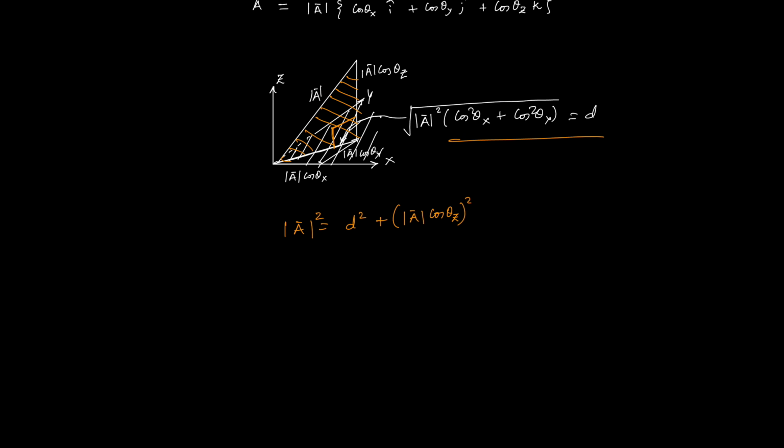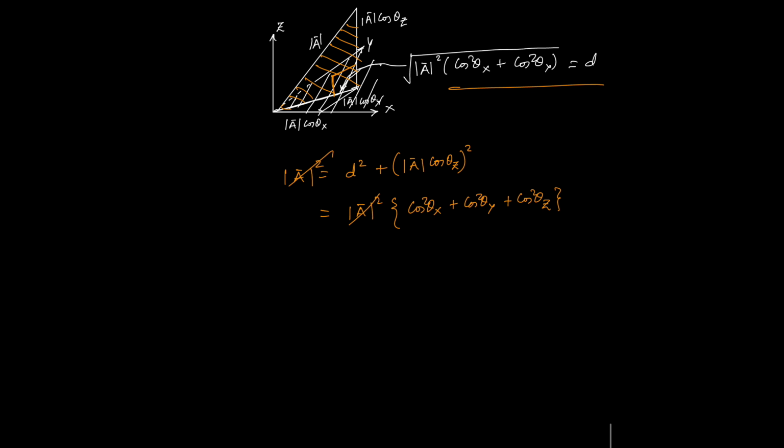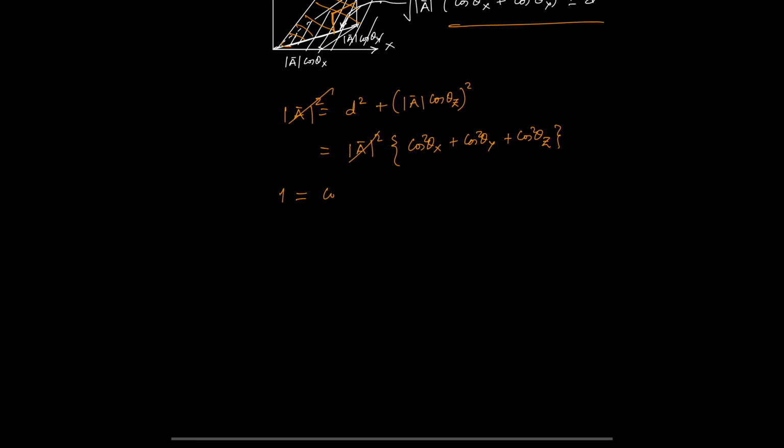And just putting the value of d and solving, we'll get mod A square bracket cos square theta x plus cos square theta y plus cos square theta z. And cancelling out mod A square, we will get this expression. This cos theta x, cos theta y, and cos theta z, these are called direction cosines.